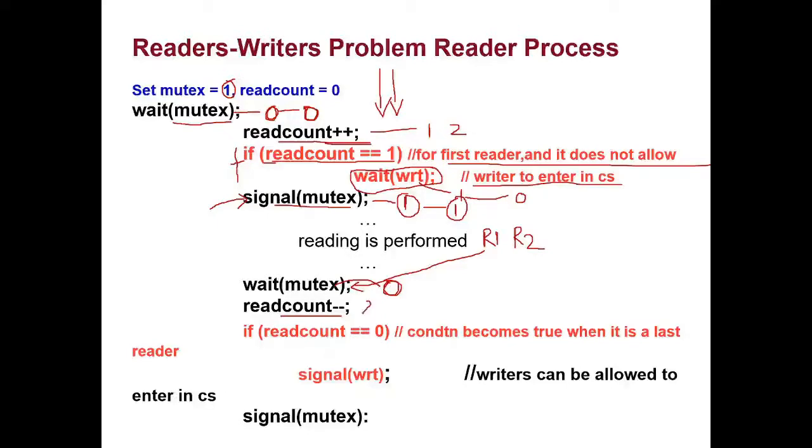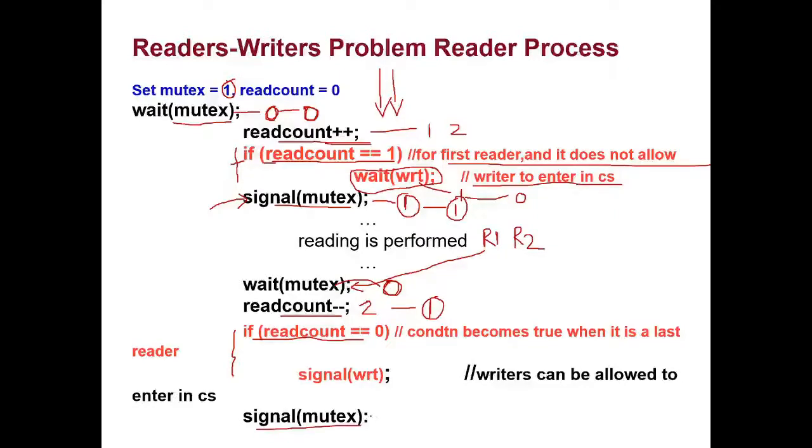Earlier it was 2, after decrementing it is going to become 1 now. So it is going to check the condition if read count is equal to 0. No, the condition is false because read count here is 1. Then this will not get executed.